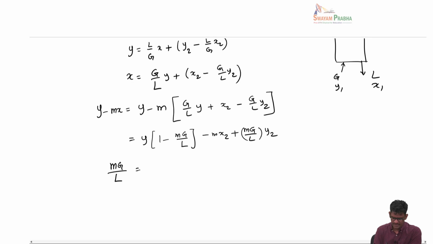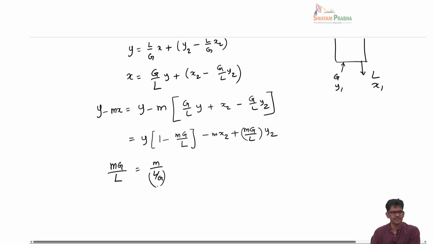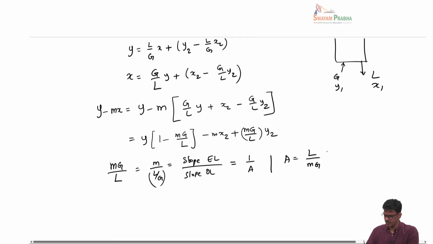We can write this as m divided by L by G, where m is the slope of the equilibrium line and L by G is the slope of the operating line. We are going to define this as 1 by A, or in other words A is equal to L by mG, and we designate this as the absorption factor.